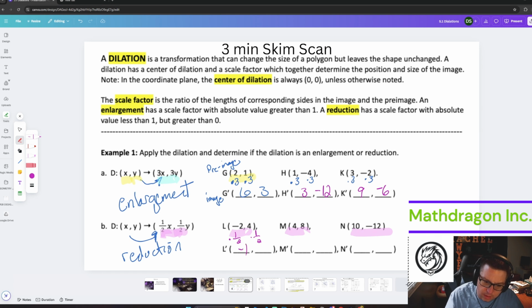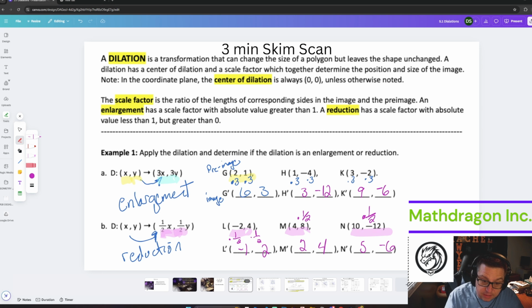So we're going to get a -1, and we're going to get a 2. And then do the same thing here. Multiply by a half. We're going to get a 2, because half of 4 is 2. And then half of 8 is 4. And then last but not least, half of this, and we're going to get 5 and -6.